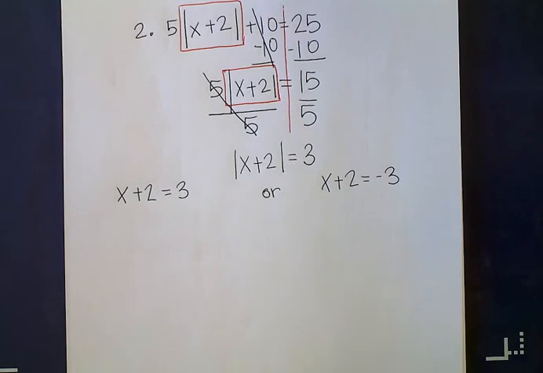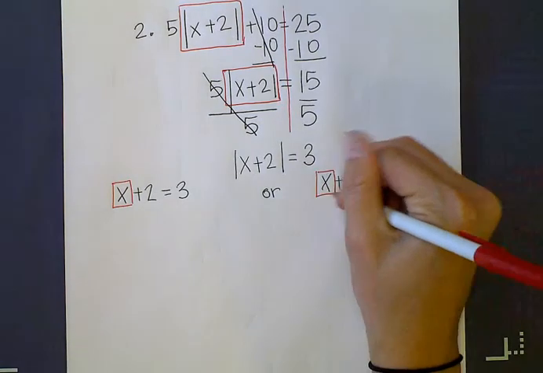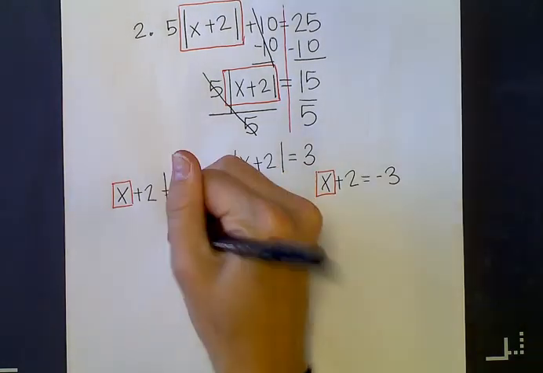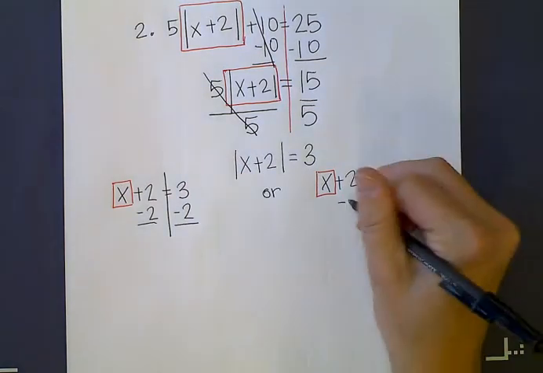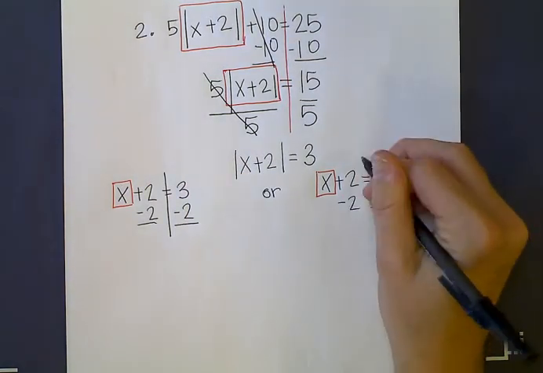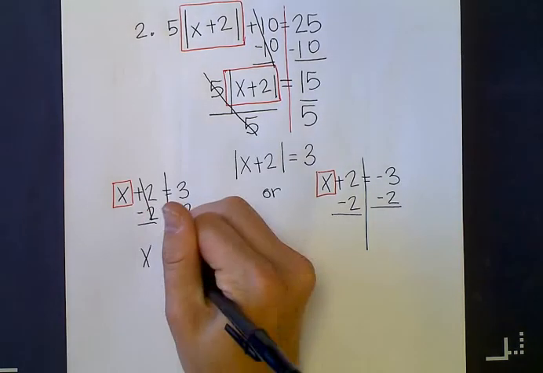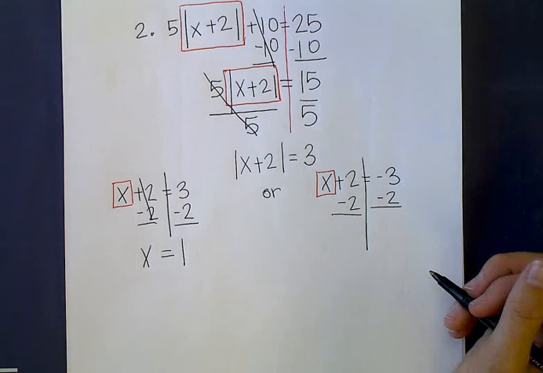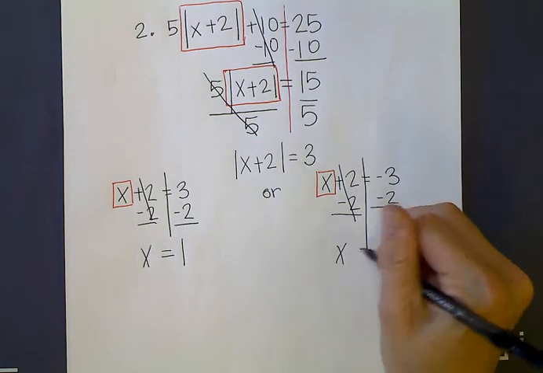To solve each equation, I need to isolate my variables. Subtract 2 from both sides. The 2's will cancel out, and you're left with, on your first equation, x equals 1. The 2's cancel out on your second equation, and you're left with x equals negative 5.